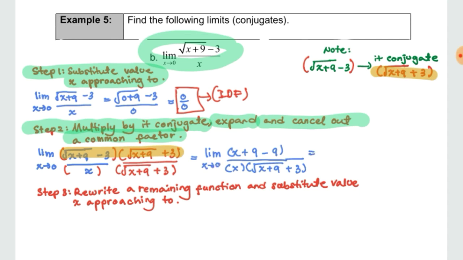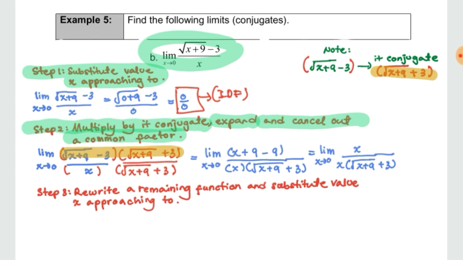And then we can simplify our function. We get the limit of x plus 9 minus 9, we get x, over x multiply square root x plus 9 plus 3, x approaching 0.